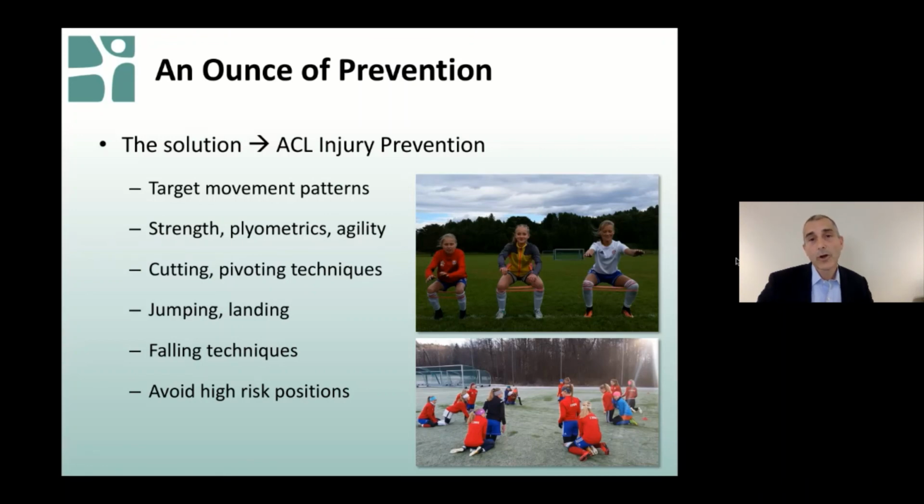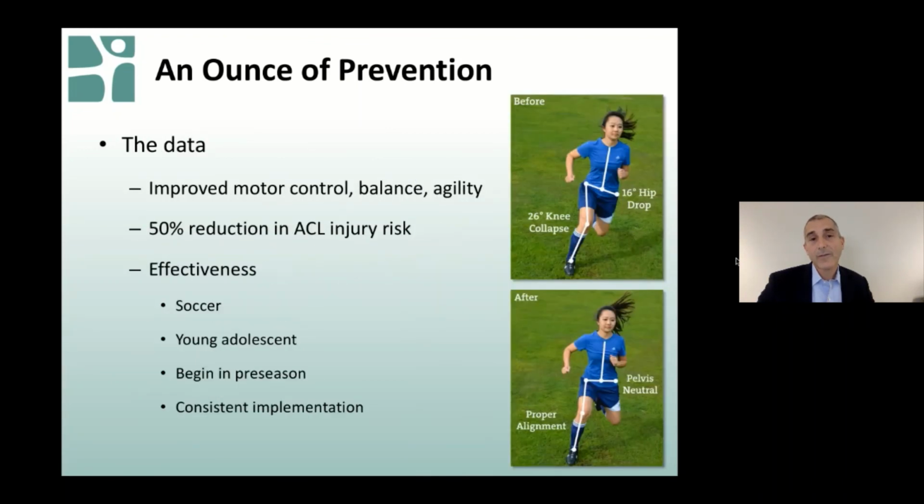The newer programs will also incorporate perfecting falling techniques, believe it or not, to try to keep these kids out of those problematic situations, and to avoid high-risk positions in unpredictable situations during the heat of competition. There are a variety of them out there, as I've mentioned.